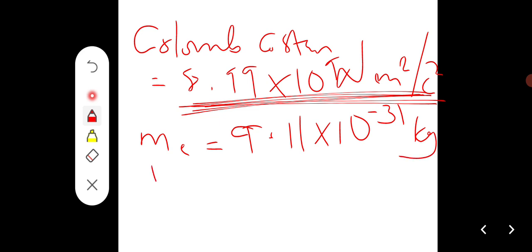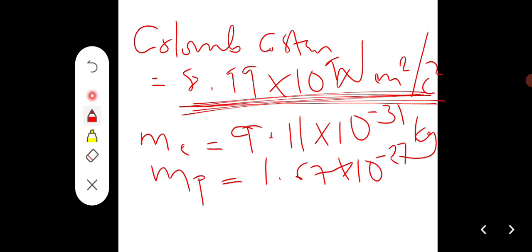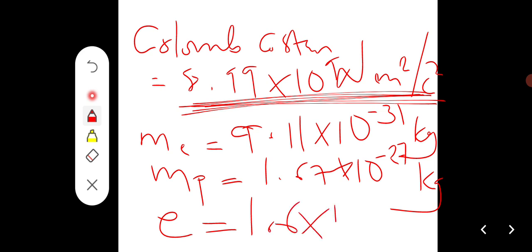Then you have the mass of the proton, which is 1.67 times 10 to the power negative 27 kg. Then last but not least, we have the charge of the electron, which is 1.6 times 10 to the power negative 19 coulombs.